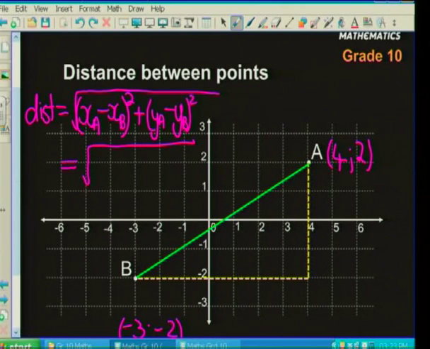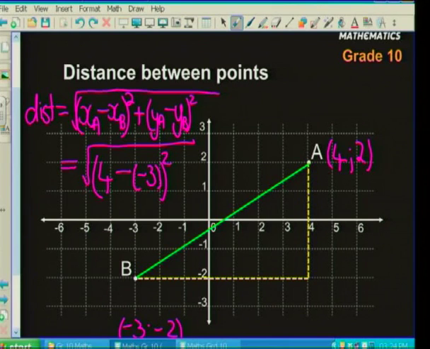So what I need to do is take the one x value and subtract the other x value from it. So starting off then with 4, it will be 4 minus negative 3. Put that all in a bracket and square it. Right, so that's the x values.